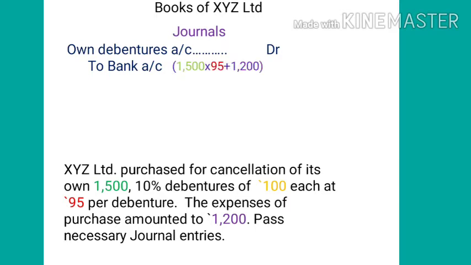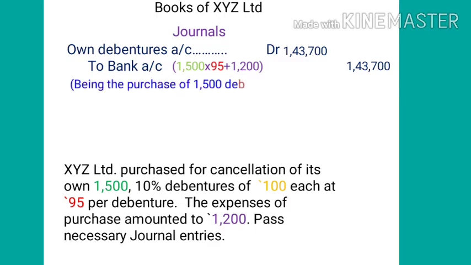So we have 1500 number of debentures into 95 plus 1200 gives you 1,43,700. Same amount will be there in the own debenture account, being the purchase of 1500 debentures at the rate of ₹95.